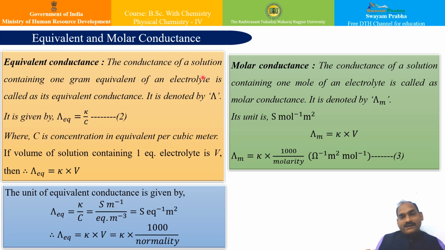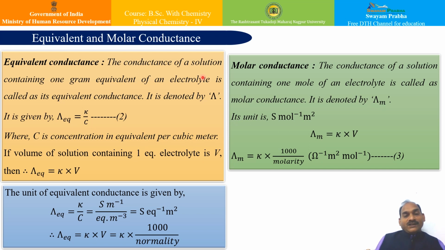The equivalent conductivity of an electrolyte may then be defined as the conductance of a volume of solution containing one equivalent mass of the dissolved substance when it is placed between two parallel electrodes which are at unit distance apart, and are large enough to contain between them the whole solution.